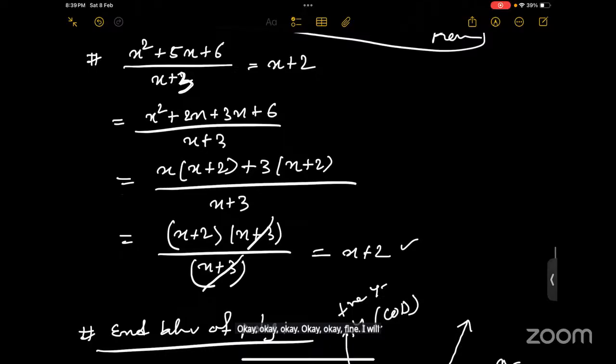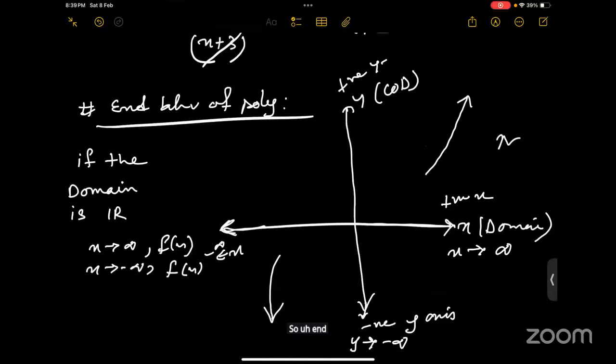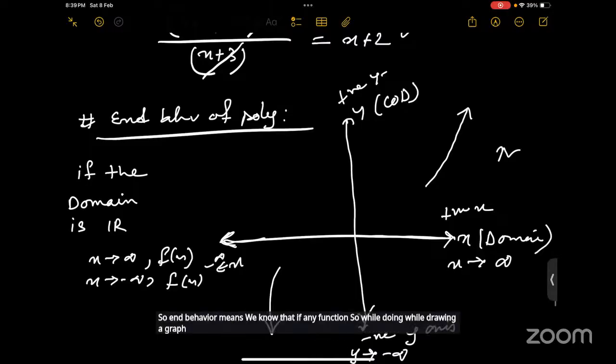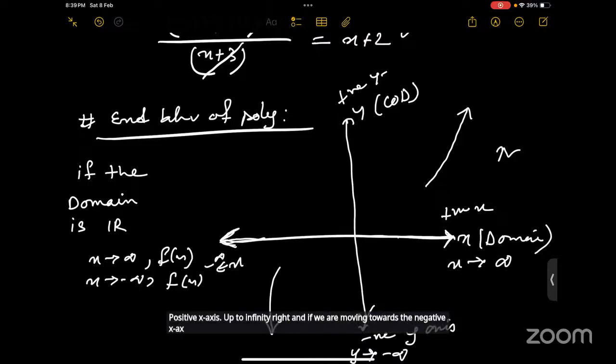So, end behavior means, if I have a function, while drawing a graph we generally take the x-axis as our domain and the y-axis as our codomain, right? When x is tending to infinity, we move towards the positive x-axis up to infinity, and if we are moving towards the negative x-axis, x is tending to minus infinity.